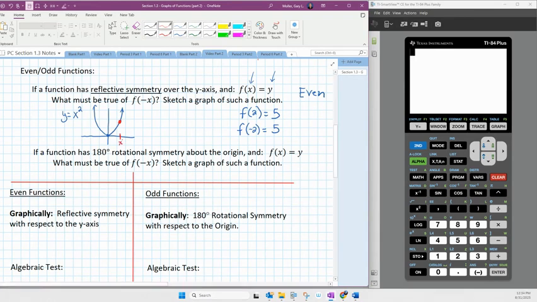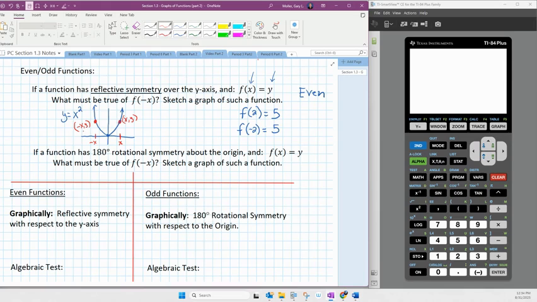So I plug in this x, and I get the point x, y. So what happens when I plug in the opposite of x? So now I'm over here. Well, I should have the same y value. Okay, hopefully that kind of makes sense.